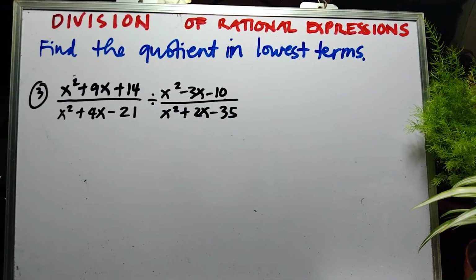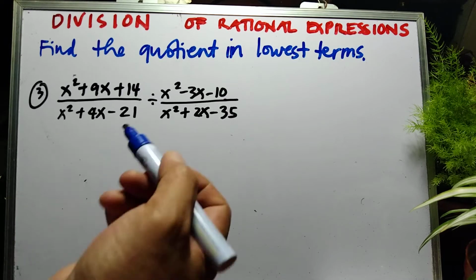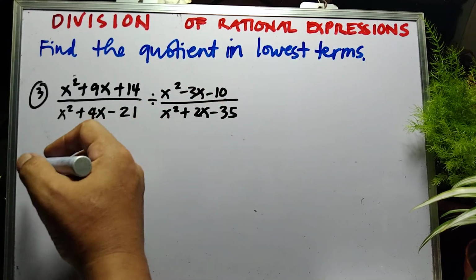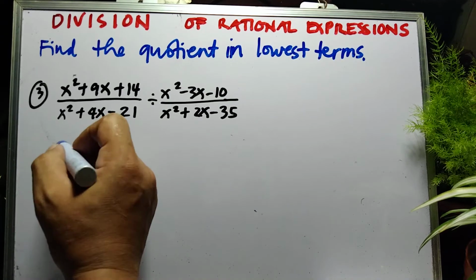Okay, yan. So, klarong-klaro yan na lahat ay ifa-factor natin. No? Sige. Let's solve this. Okay, first is we need to make this as a product of two rational expression.